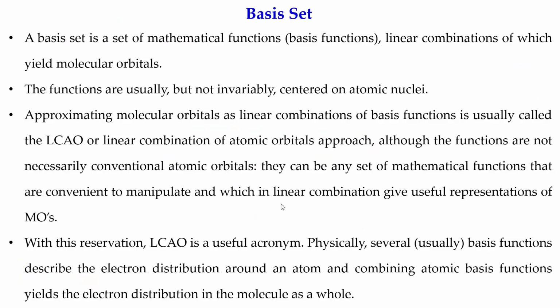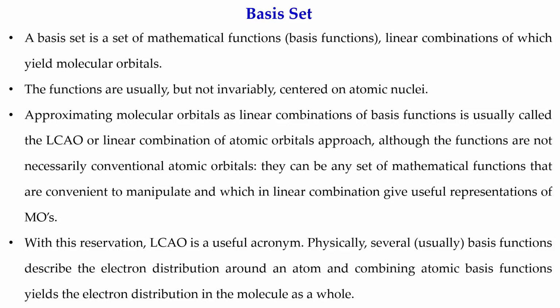Okay. So now let's make a summary about the basis set. A basis set is a set of mathematical functions that we call basis functions that are linearly combined to yield the molecular orbitals. The functions are usually centered on atomic nuclei. This is an atom-centered basis set.